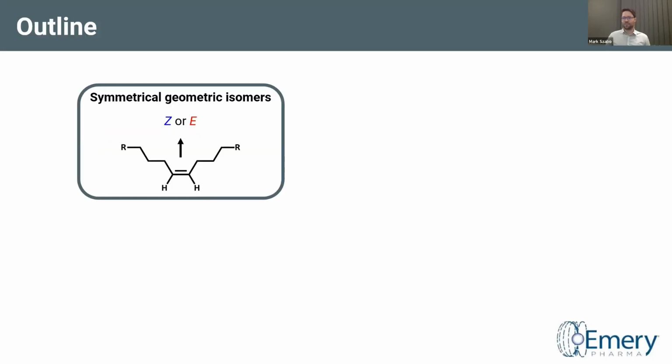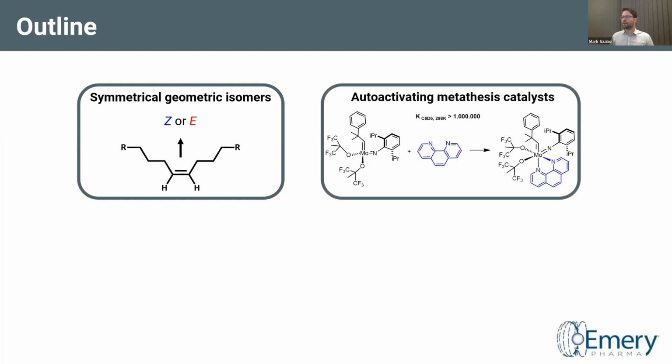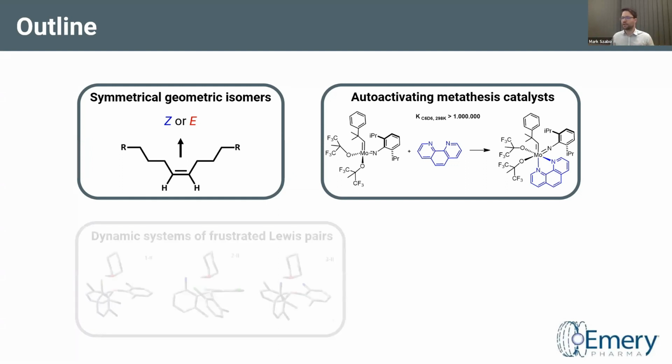So these 4 short stories will be the determination of the configuration of symmetrical geometric isomers. So we can determine whether it's a Z or an E configuration. The next one is going to be how certain auto-activating metathesis catalysts could be developed with the help of NMR spectroscopy.